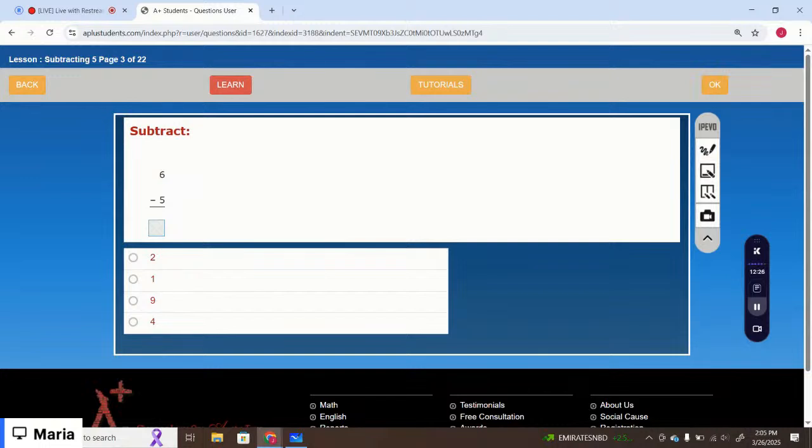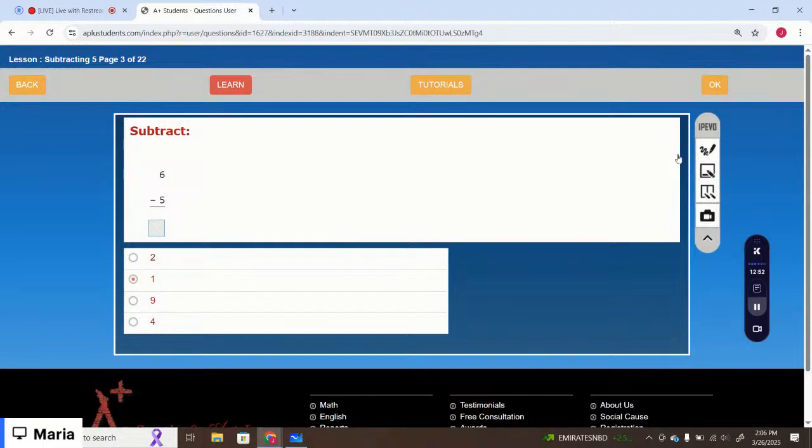6 take away 5, which is the correct option? 6 take away 5 is 1.